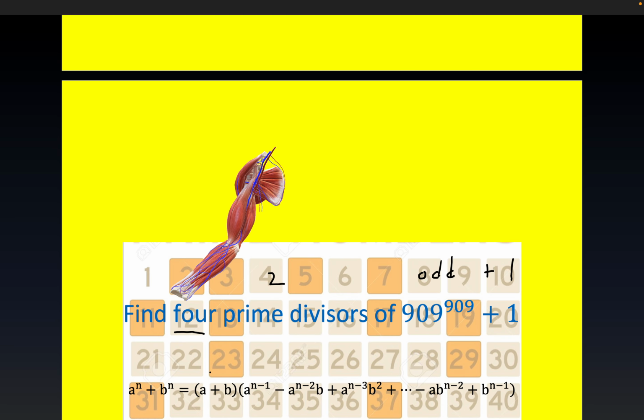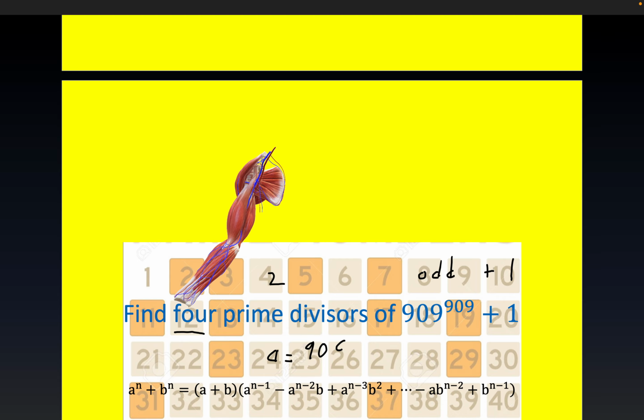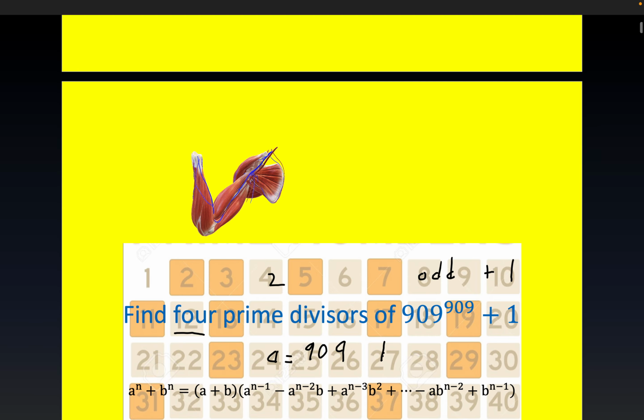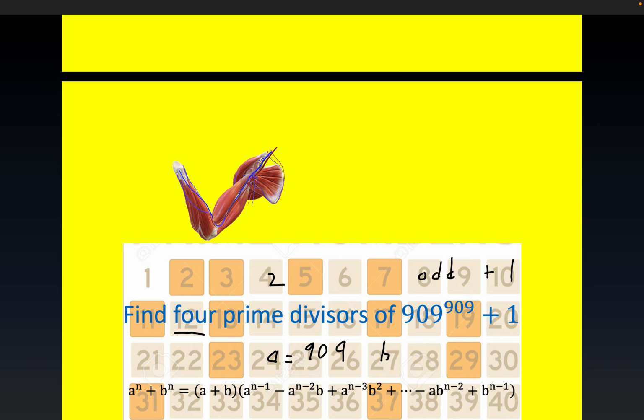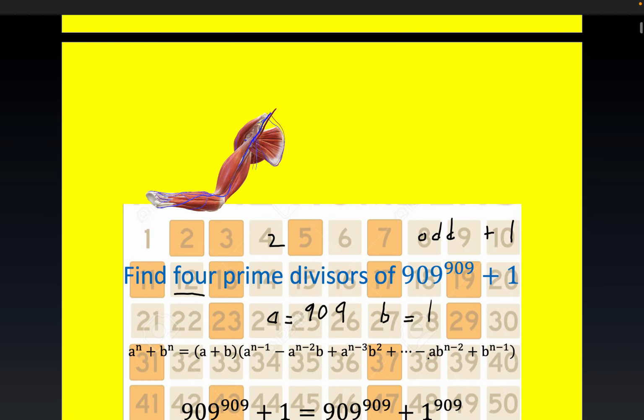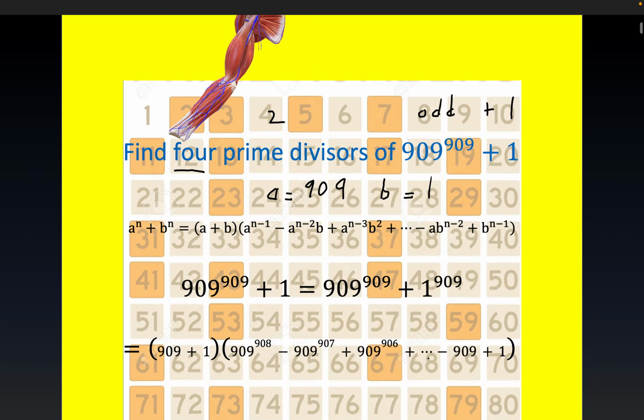Okay, so you'll notice right here, if we take a to be equal to 909, and b to be 1, we get a fairly simple expression. Now notice what happens when we do that. We get this result right here.